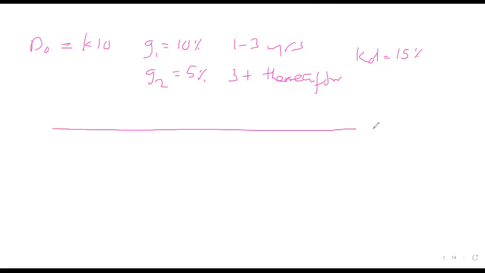So we're going to use a number line. We just declared year 1, year 2, year 3. So we have 0 here, 1, 2, 3, 4. We started with a 10 quarter, and the growth rate for the first phase is 10%. So in year 1, what becomes the value of dividend in year 1?